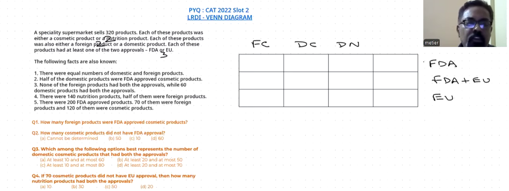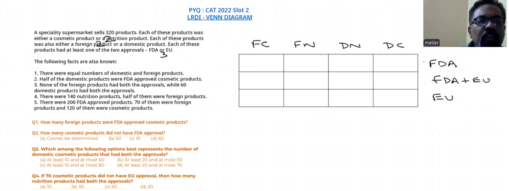Let me try to go in this way. I think it will be better. Rather than going with this, let's keep foreign together. It will be better: foreign cosmetic, foreign nutrition. Now here we start in reverse order: domestic nutrition and domestic cosmetic. Now it is clear.